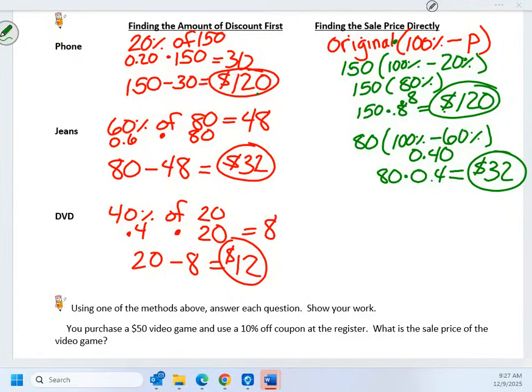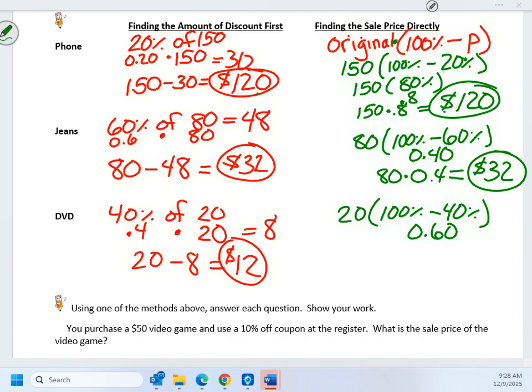Rhoda? $20. Then in parentheses, 100% minus 40%. What is 100% minus 40%, Jackson? 60%. So I can convert that 60% right to my decimal, 0.60.